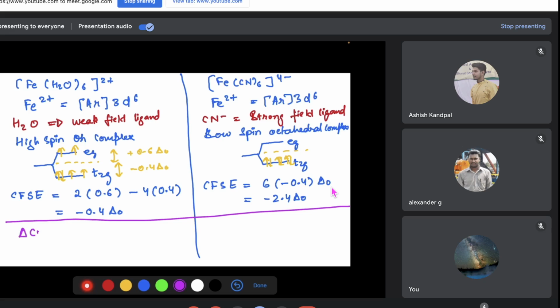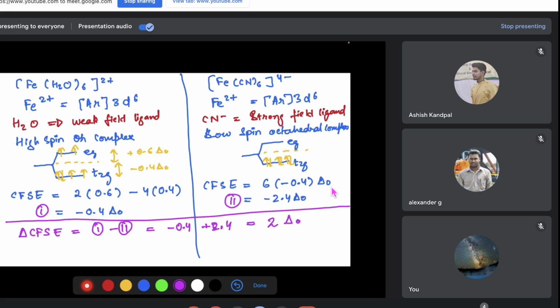So the delta CFSE for each complex, if I call this one and this two, will be 1 minus 2, minus 0.4 plus 2.4, which gives me the value 2 delta naught.